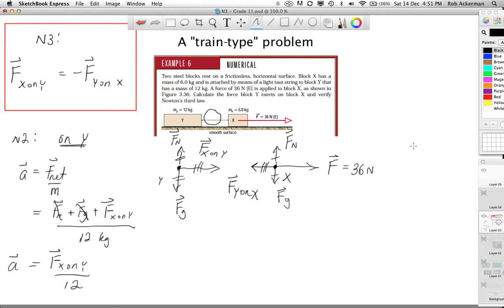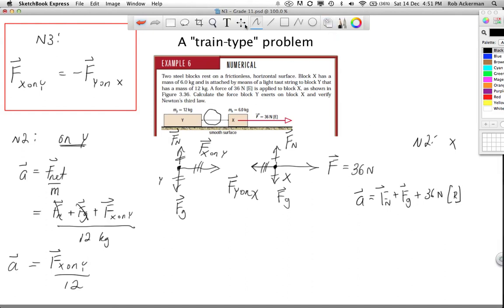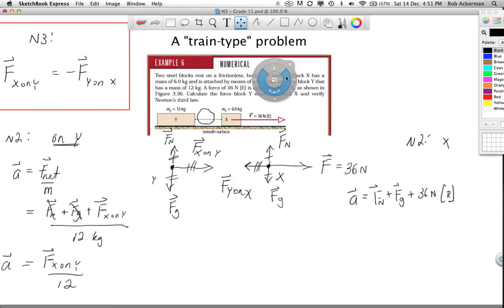However, if we go and write Newton's second law for block X, look what we get. Let's look at our free body diagram here. We can write A equals, now the normal and gravity cancel, so I'm going to write them, but then I'll cancel them. We have 36 newtons to the right, and we've also got another force here, F of Y on X. And we've got to divide that by the mass, which is 6 kilograms.